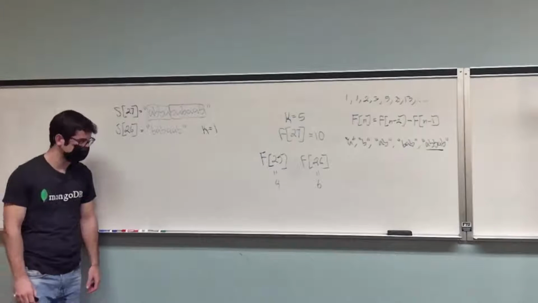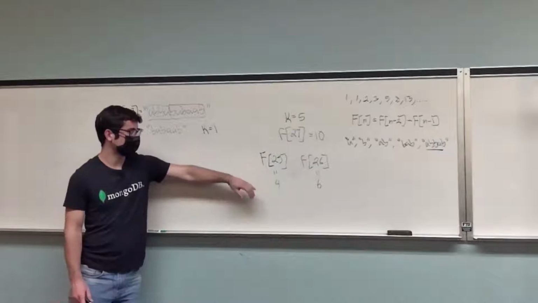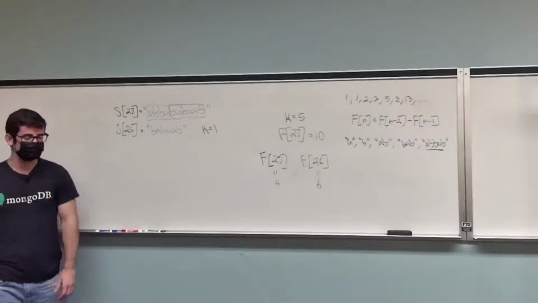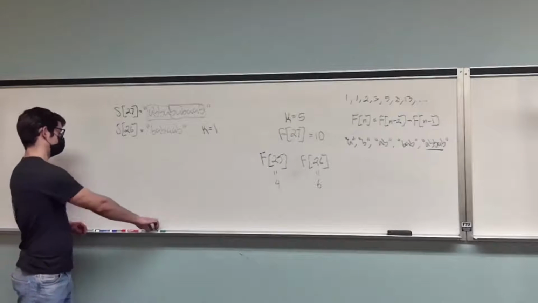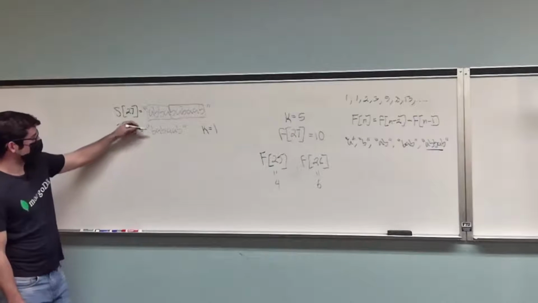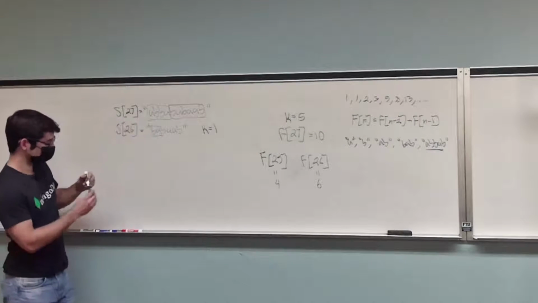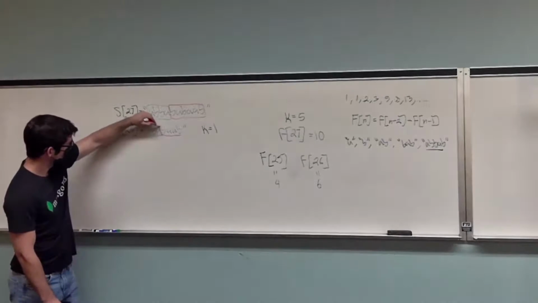Exactly. So for S of 24 and S of 25, we have to look at the Fibonacci sequence and see what number that gives us. Once we look at that, we know where we can split it. Let's say, for this example, S of 24 is this section right here, and S of 25 is this section here.